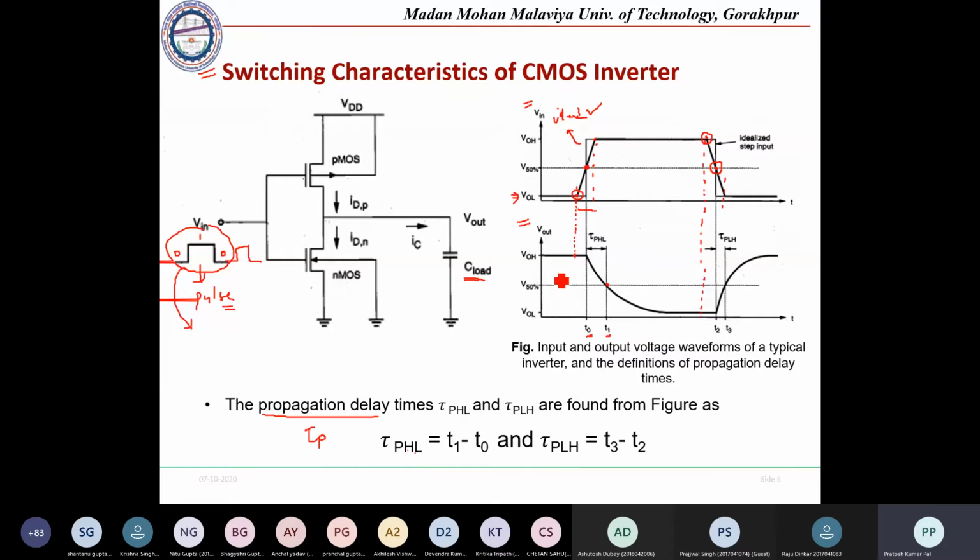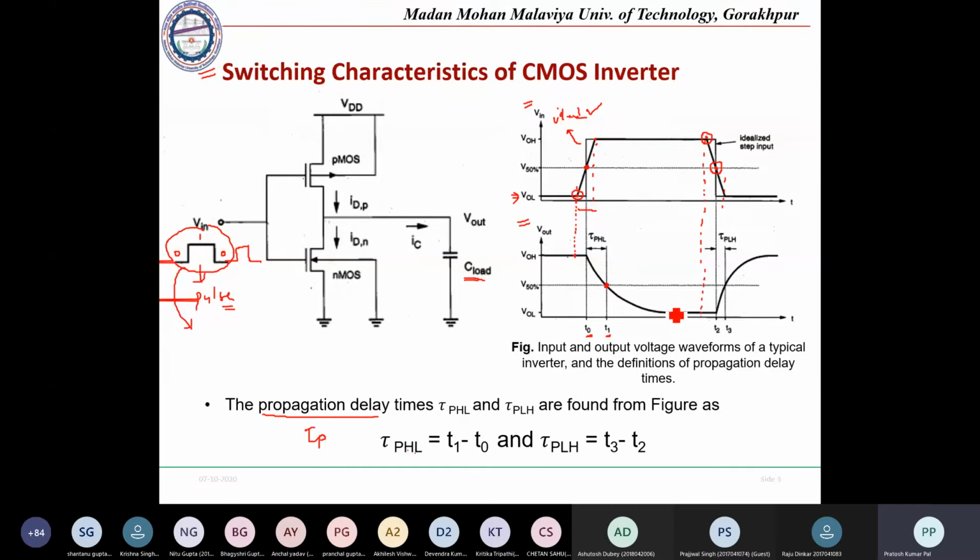Once the output is changed from high to low, how much propagation delay it takes place will be represented by tau PHL. So tau PHL will be the time from the 50% value of the input to the 50% value of the output. Whatever difference in time between the 50% of the output and the 50% of the input is there will be considered as tau PHL.